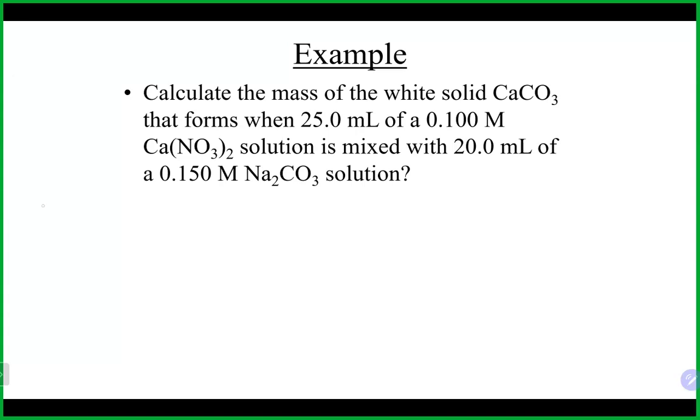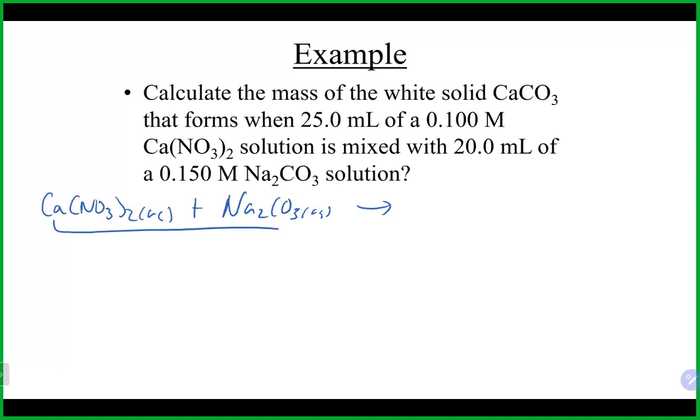So in this case, we are mixing calcium nitrate with sodium carbonate. This again should look familiar to you. It is again a double displacement reaction where they're going to switch partners here.